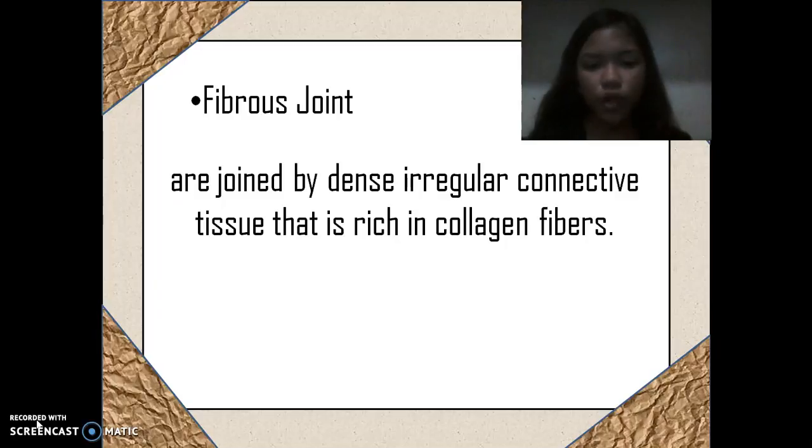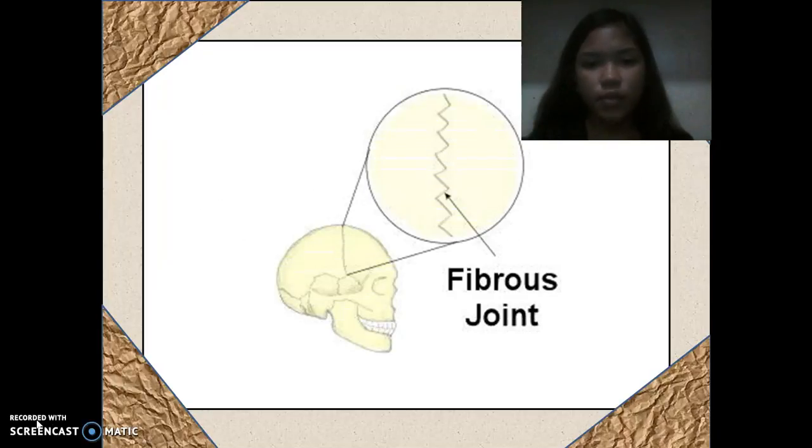Most fibrous joints are also called fixed or immovable because they do not move. These joints have no joint cavity and are connected via fibrous connective tissue. The examples of this are found in the skull. That's the fibrous joint.